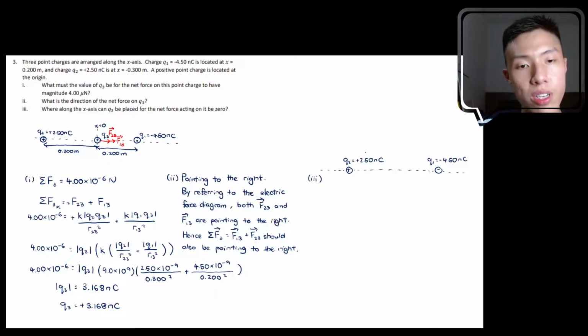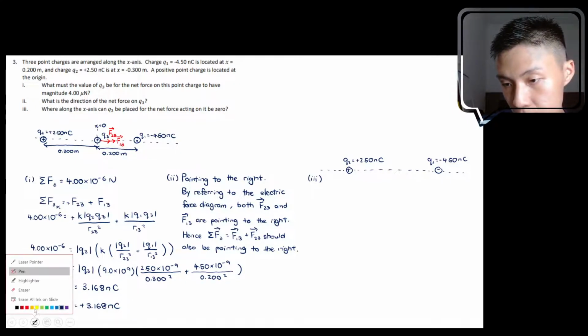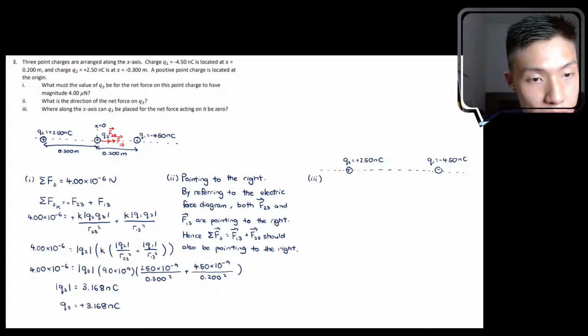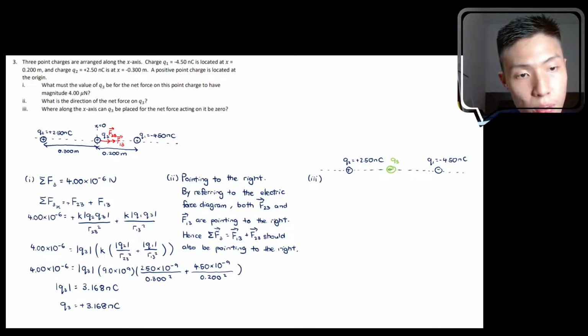If you want to place your charge Q3 over here, let's do a hypothetical case. Let's say you place your charge Q3 over here, you see that both of the forces are pointing to the right. F13 and F23 are both pointing to the right.